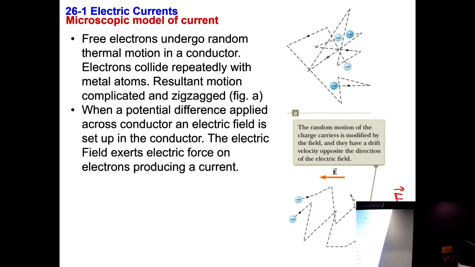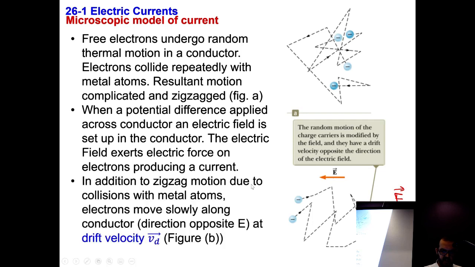Now, when you establish an electric field due to an external voltage, these free electrons tend to move in this direction, and let's assume they move with a drift velocity, which we call Vd. This is an average velocity of the electrons in the direction of flow. This is a new concept.